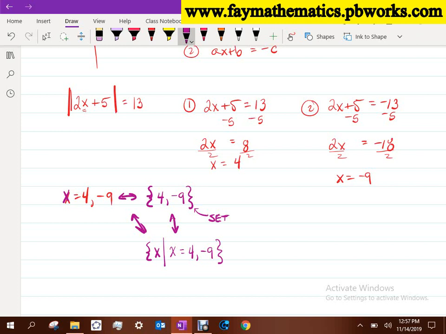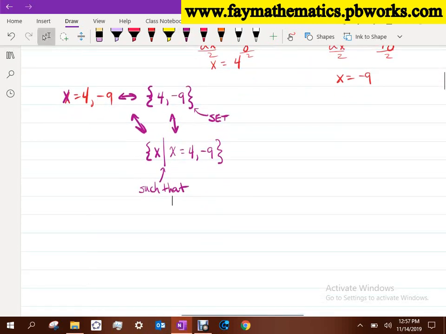This is a mathematical symbol for the phrase "such that." Okay. There are a lot of those. If we draw an upside down A, like the capital A, that means the phrase "for all."